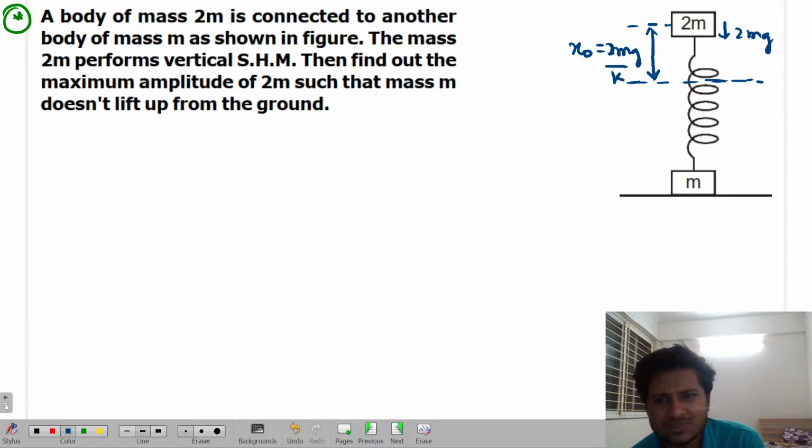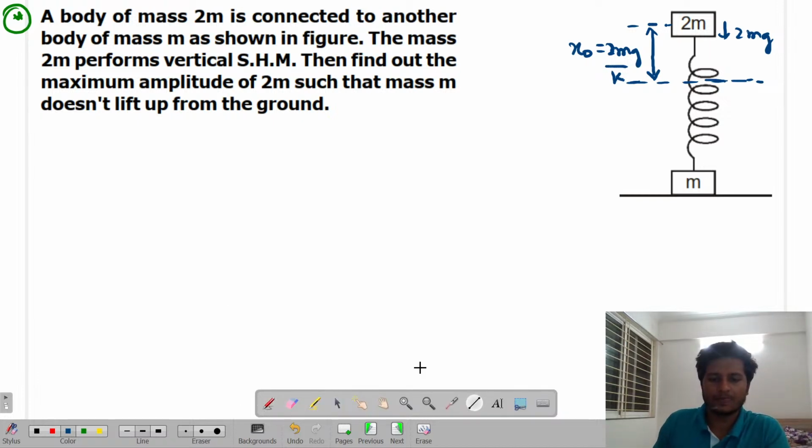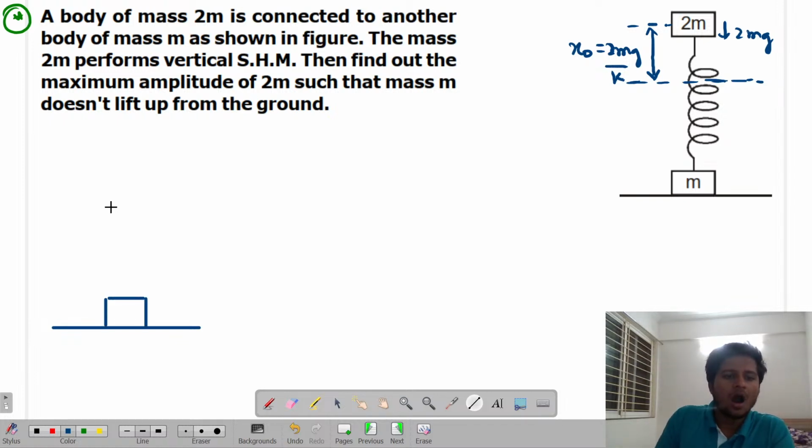Let us just consider the case of the equilibrium point, the mean point, where x naught is equal to 2mg by k. Now think carefully, what will happen after this? You tell me, I'm not doing anything. Okay, let us just draw 2 or 3 diagrams.